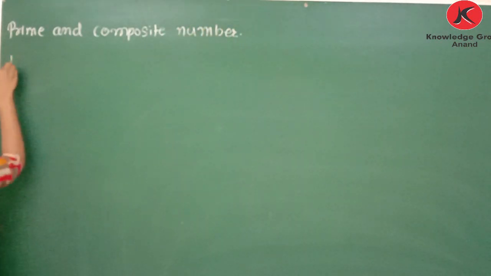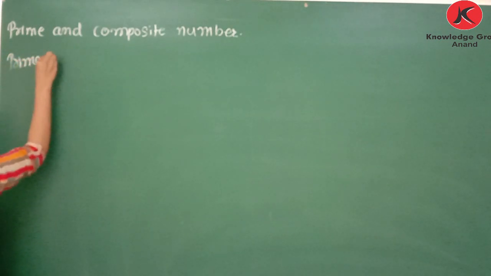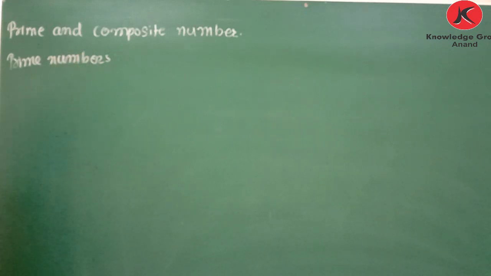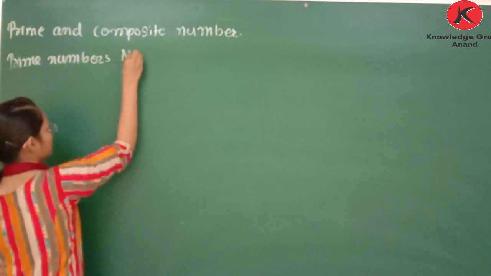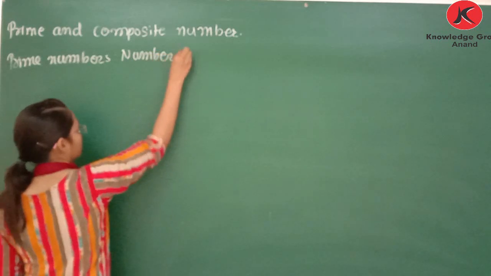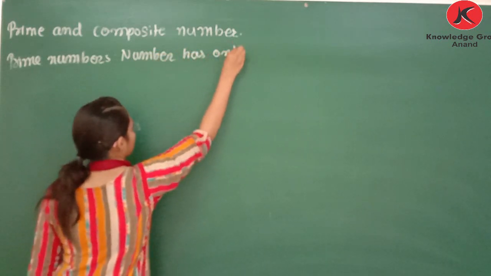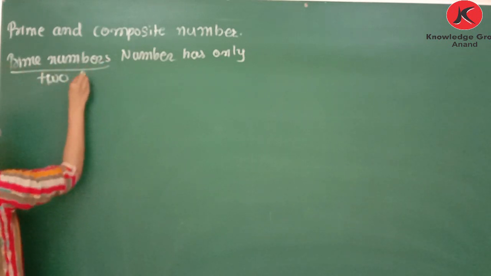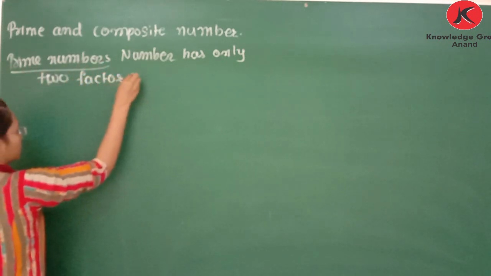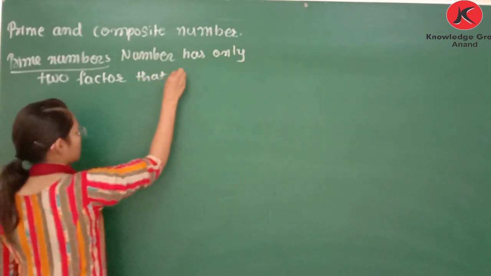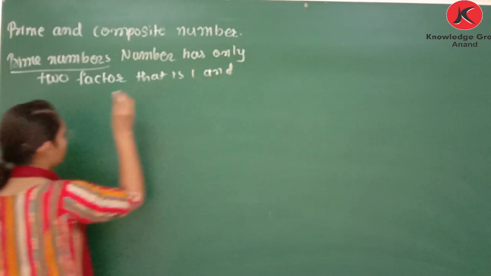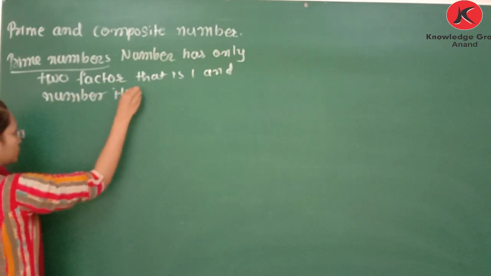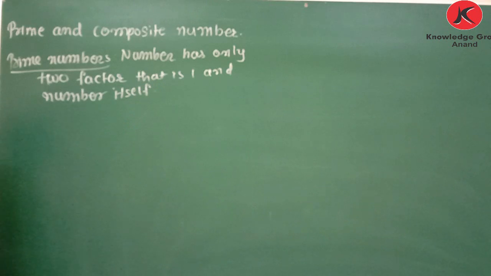Prime numbers: if a number has only 2 factors, that is 1 and the number itself, then it is called a prime number.